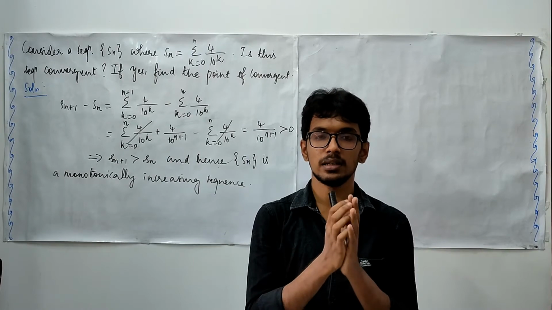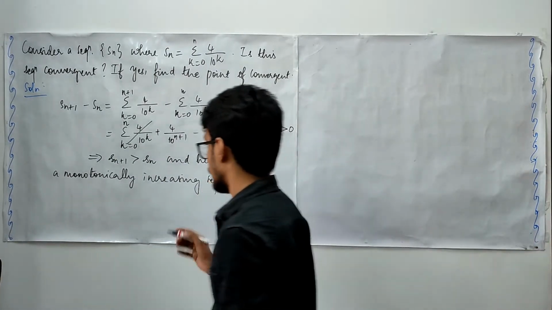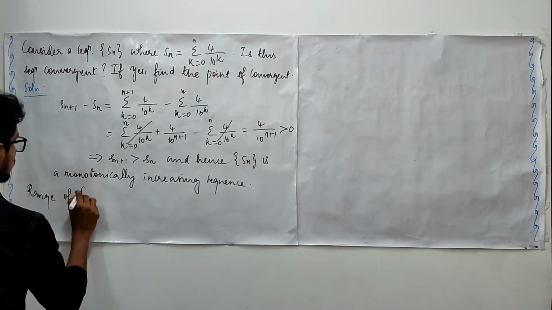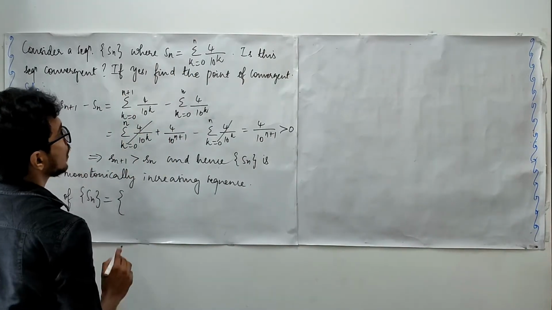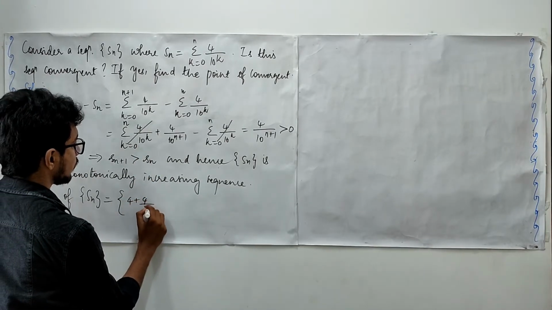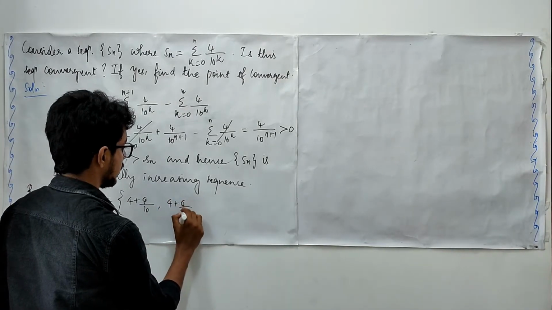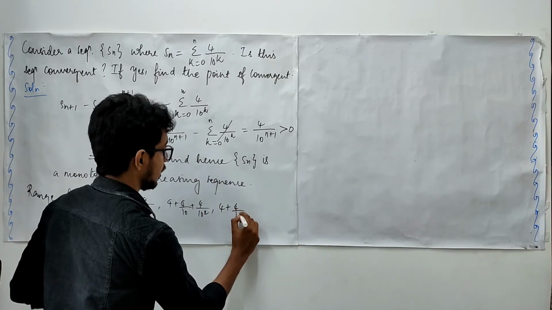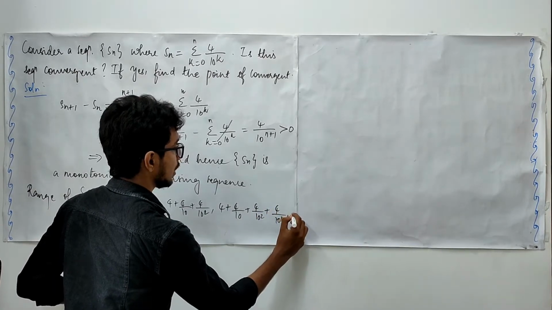If you look for the boundedness of this sequence, it will be a bounded one. For example, let us try to find out the range of the given sequence Sn. When n is equal to 1, it is going to be 4 plus 4 upon 10. Then 4 plus 4 upon 10 plus 4 upon 10 square. Then 4 plus 4 upon 10 plus 4 upon 10 square plus 4 upon 10 cube, and it goes this way.